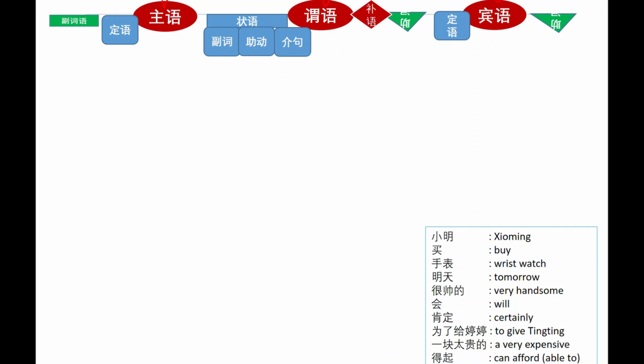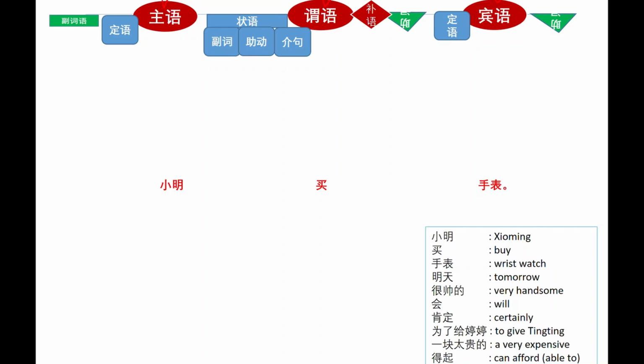Subject, predicate, here a verb, then object. 看看吧. 小明买手表, right?